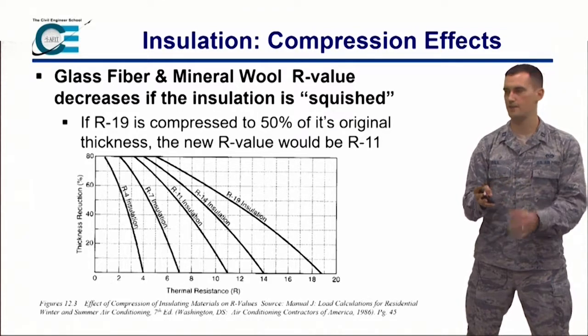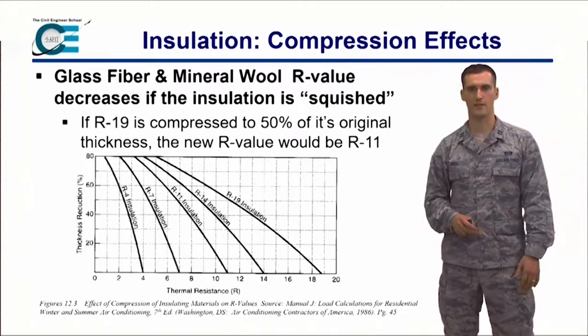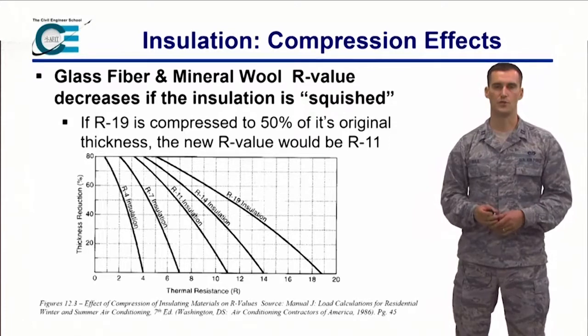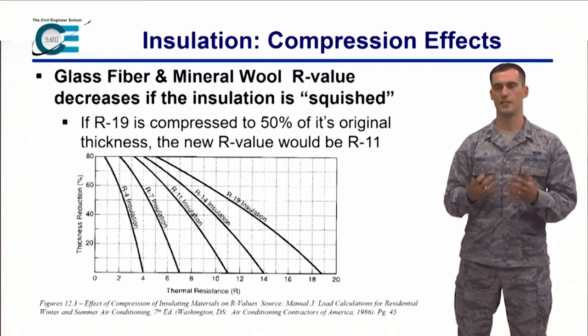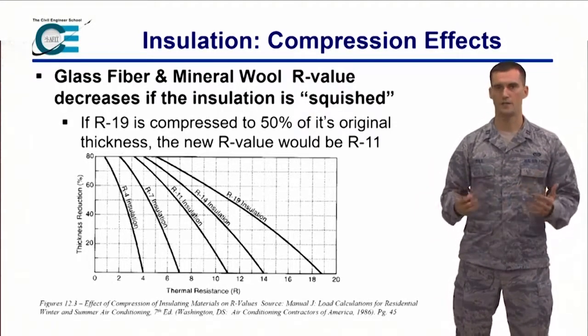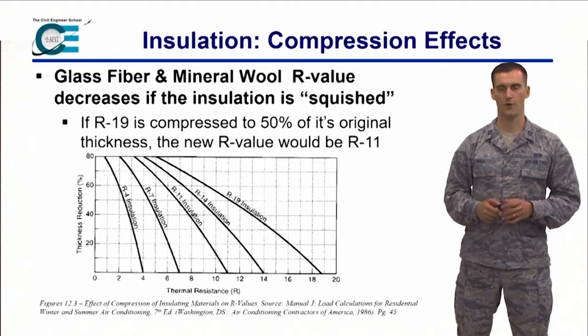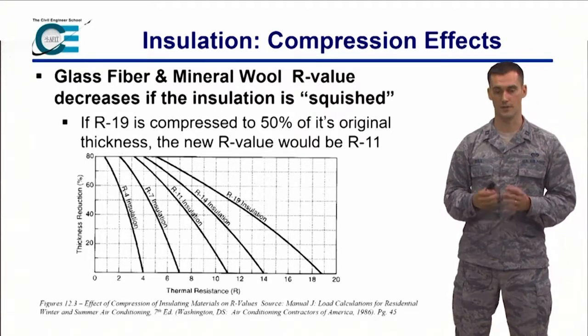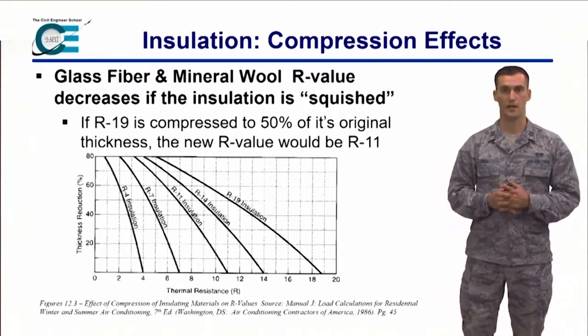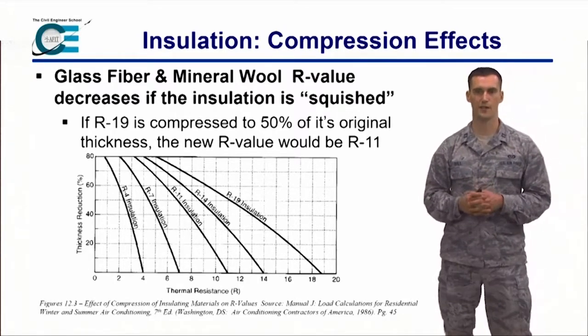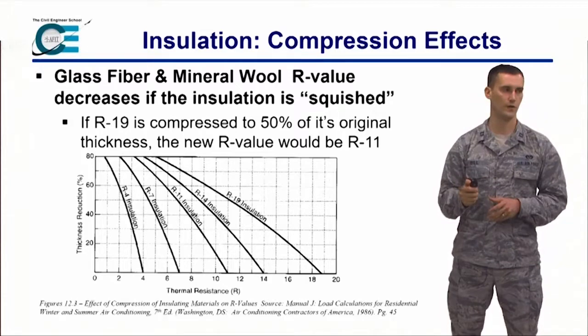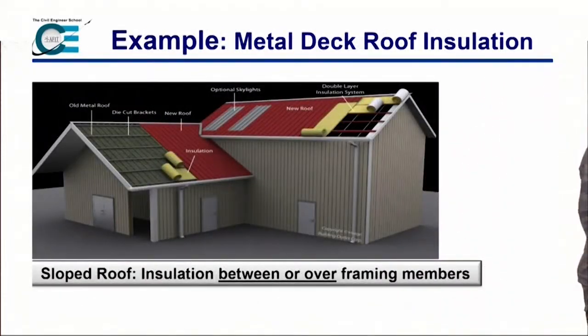If that's the case, we might as well have paid for R11 insulation. It would have been cheaper. And so something to be aware of if you're seeing contractors excessively smush insulation in order to fit it within the requirements or the constructability space. You do want to take care of this stuff and not just walk all over it on the job site or whatever the case may be.